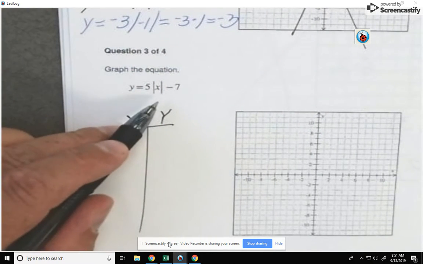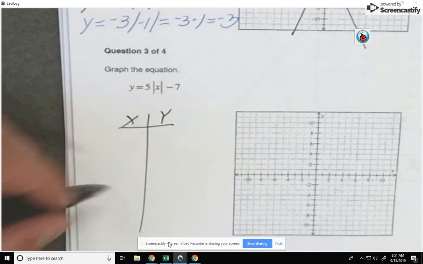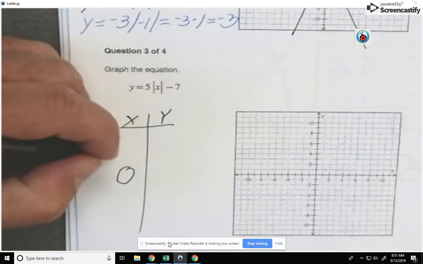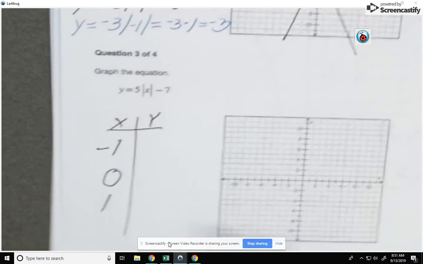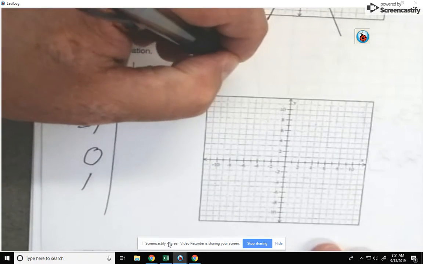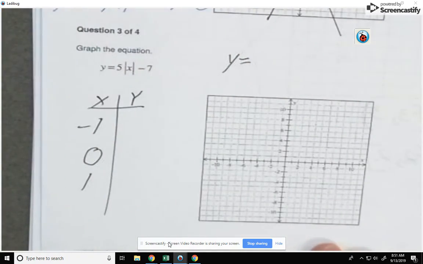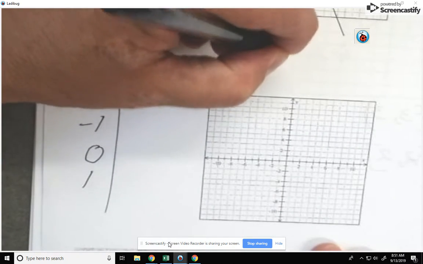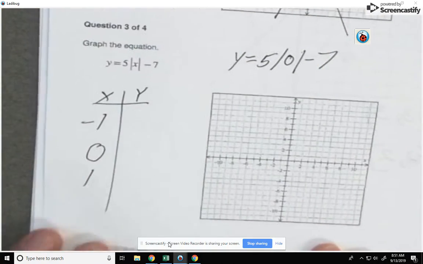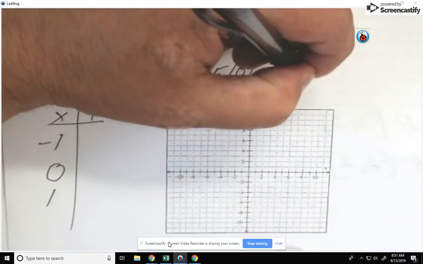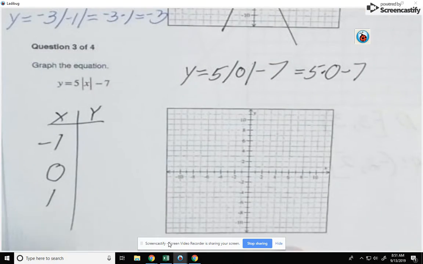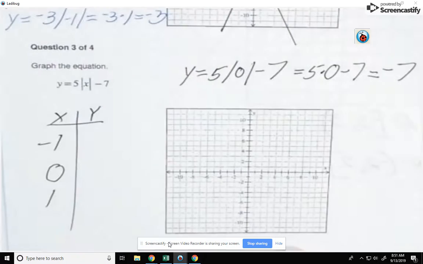Okay, again, our x is the only thing inside the absolute value symbol, so our center x is 0. We go 1 to each side of it to get -1 and 1. So now if we solve for our y's, if we plug in the 0, we're going to get 5 times the absolute value of 0 minus 7. This, of course, becomes 5 times 0 minus 7, which will give us negative 7.